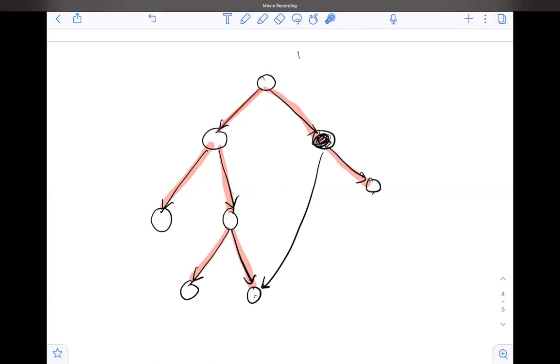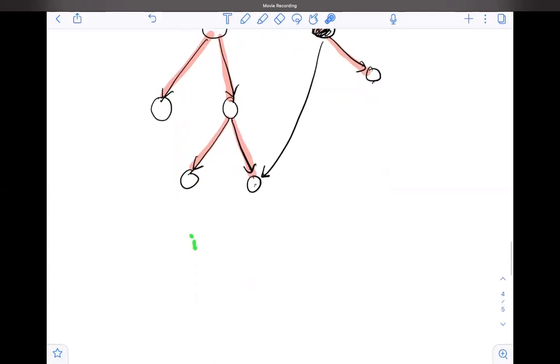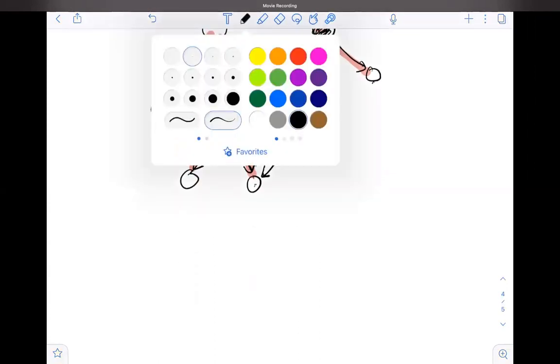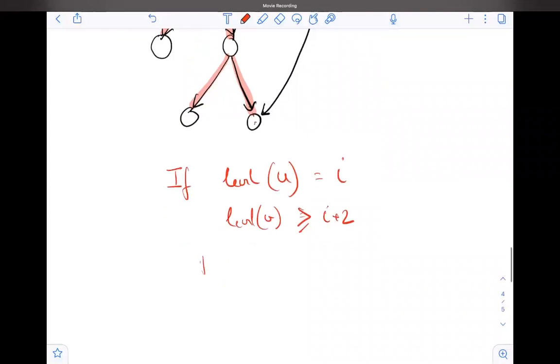So if the level of U is I and the level of V is greater than or equal to I plus 2, then U comma V is not an edge in the graph.